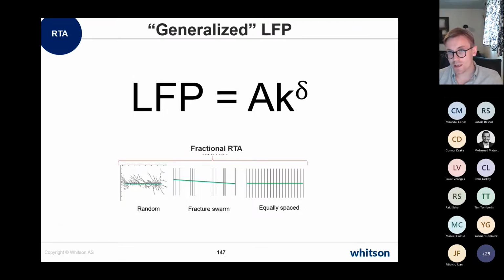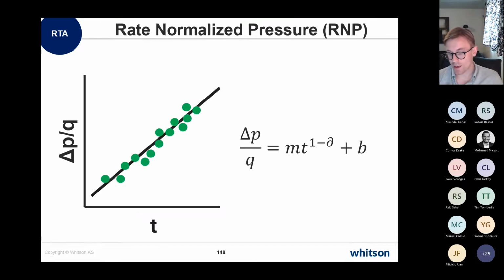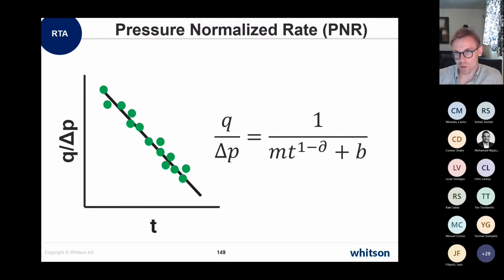The generalized LFP then will just be A k to the delta. That's what we resolve in the realm of that, and from the rate normalized pressure plot, or the inverse exercise, which is the pressure normalized rate, we can get this delta parameter.